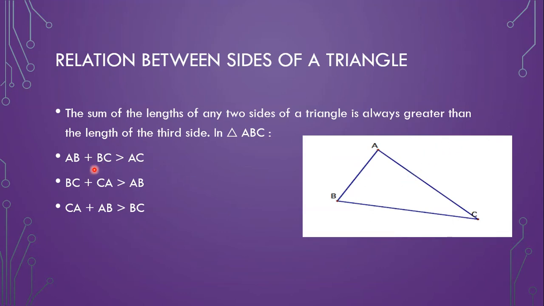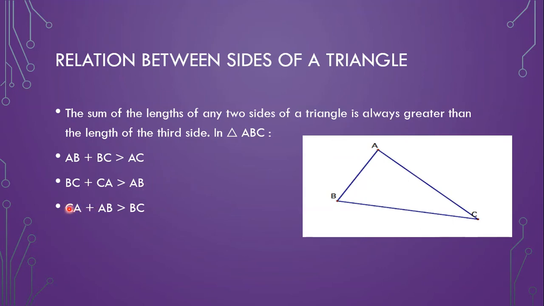AC. So that means the sum of the lengths of AB and BC will be greater than the length of AC. You can say BC plus CA, any two of the sides you can take, as I said, the sum of the length of any two sides. So if I take BC plus CA, their sum will be greater than the length of AB.